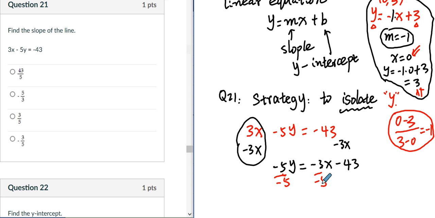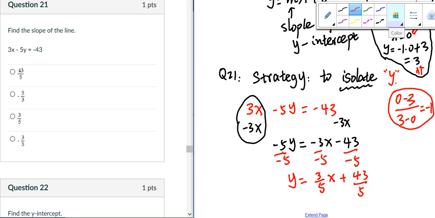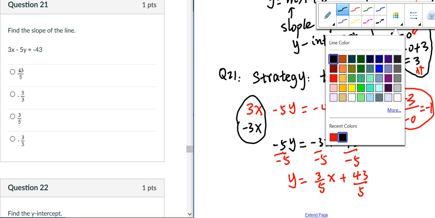Divide by negative 5 everywhere. Then in front of y is negative 5 divided by negative 5. We then have y equals positive 3/5 times x plus 43 over 5.